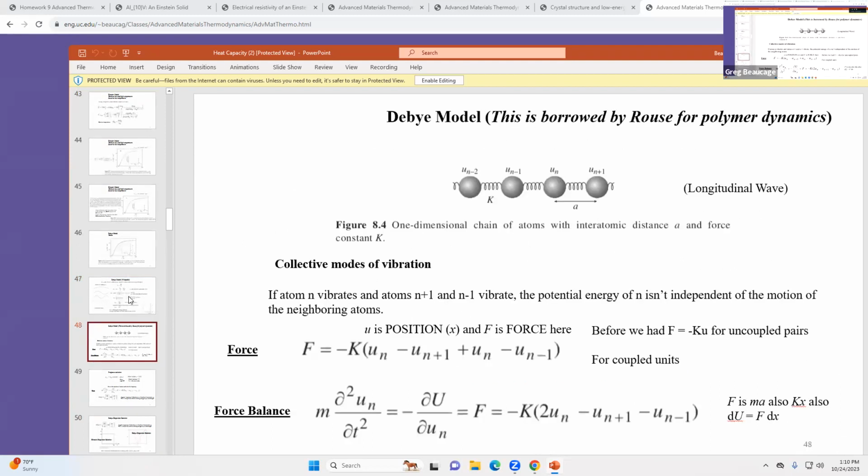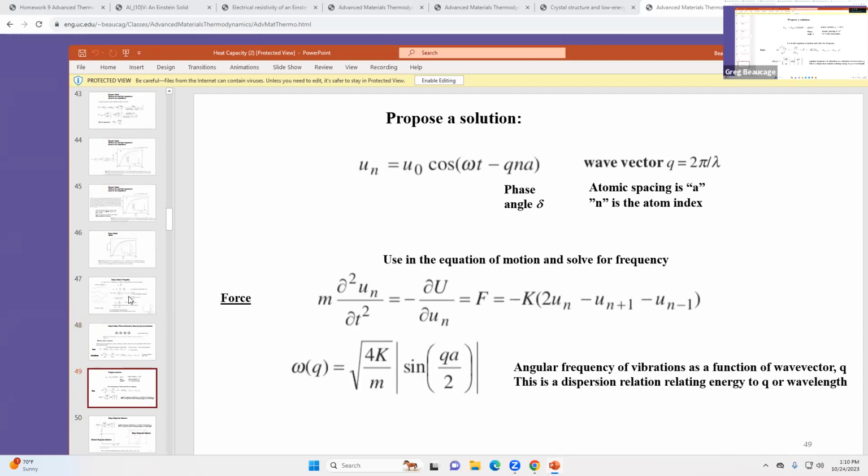All right, so this is the position of an atom, u, like x of atom n, or this is mode n.